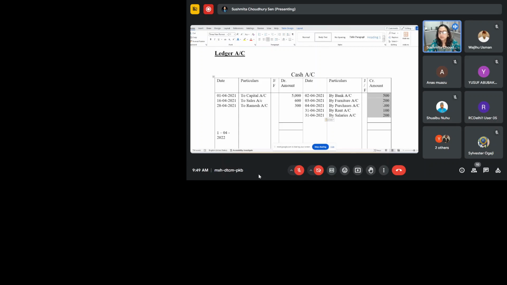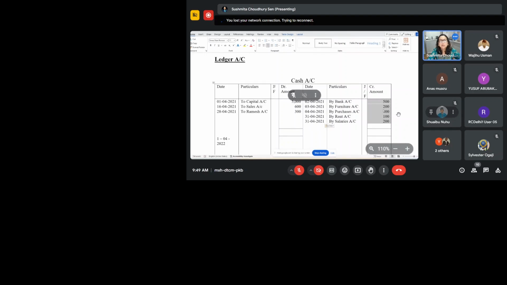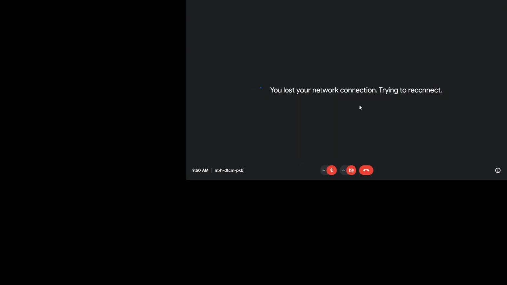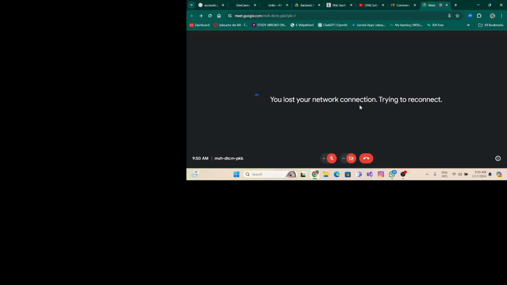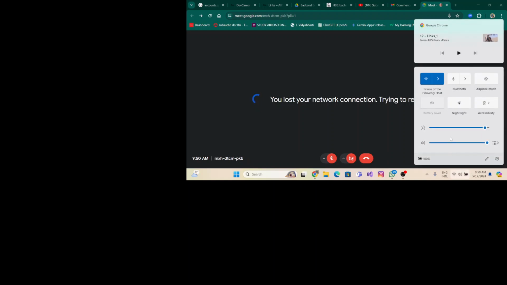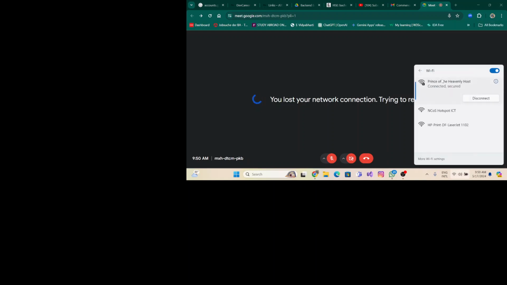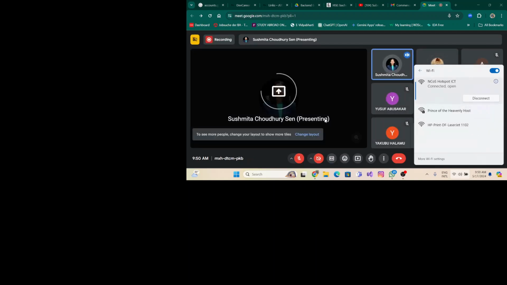Total the amount of both the sides and let me know which side is more. Very good. So 5,900 is more.